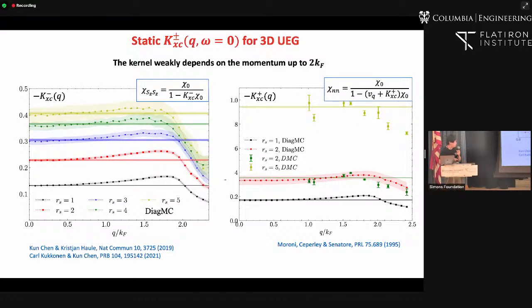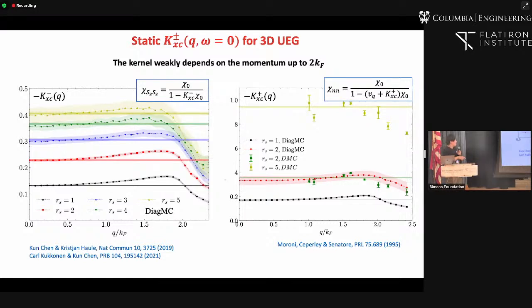On the other hand, we also calculated the charge response, and the charge kernel has been calculated before with diffusion Monte Carlo. You can see our data are consistent with the previous calculation, with much better resolution. For the charge kernel, we cannot go to very large rs because our minimal model didn't capture the perfect screening of the Coulomb interaction.